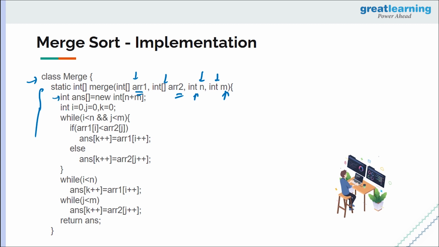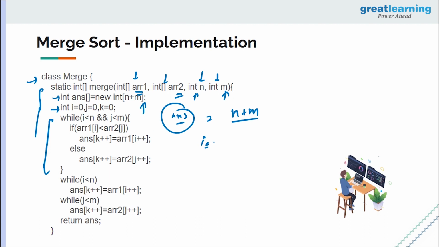And now we will be creating another array, that is ANS, your answer array, and we have its size as n plus m. And we will be having our 3 iterators which will help us to insert values in this answer array, right?